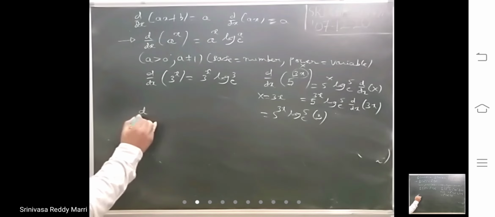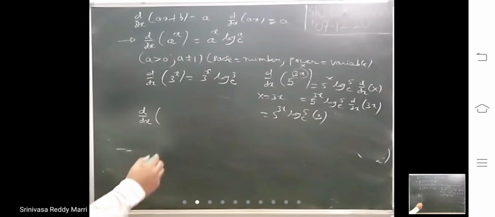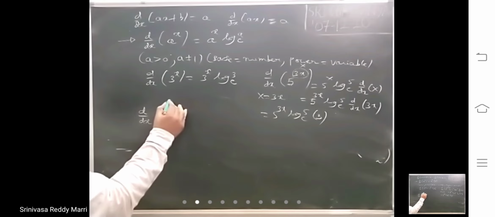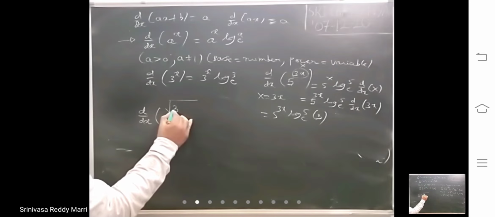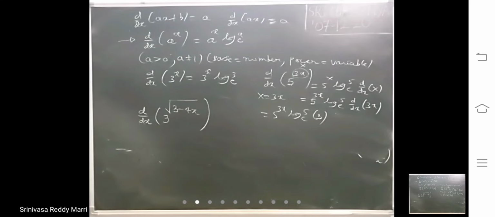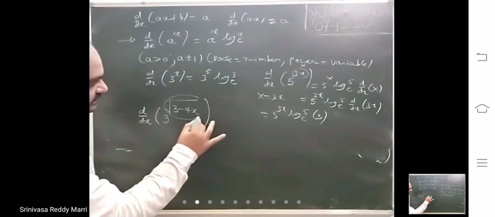Suppose, take another example. d by dx of, let us say, 3 power root of 3 minus 4x. Let us see the derivative of this. Now the base is constant, the power is variable. That means it is of the form a power x.